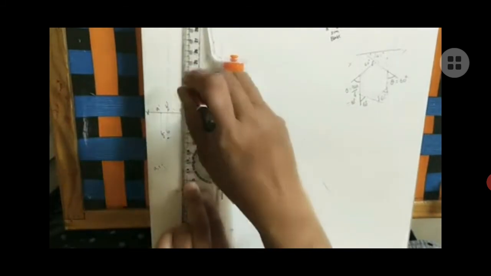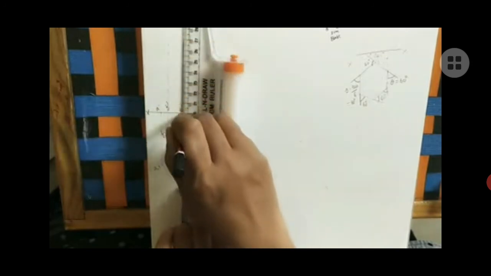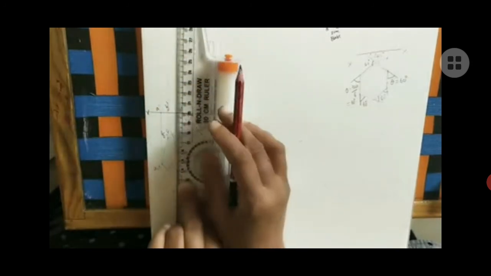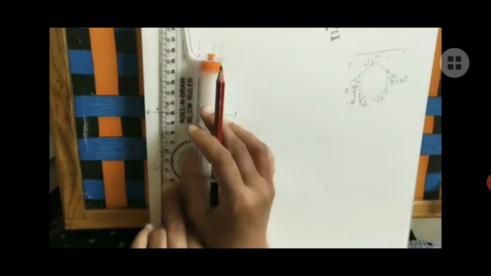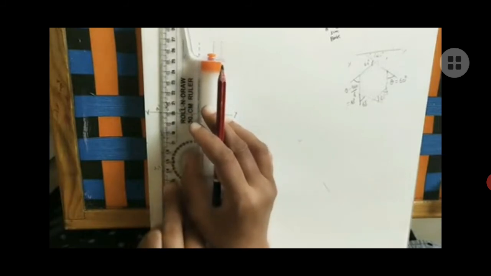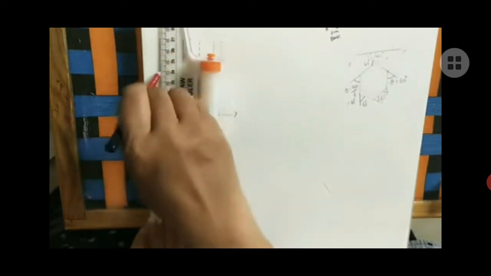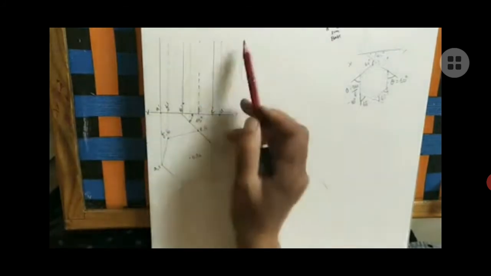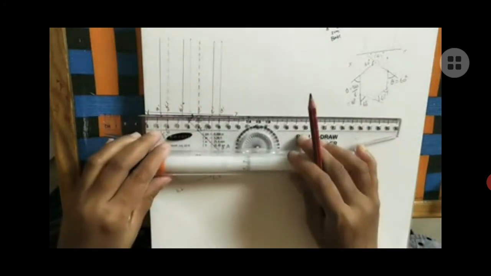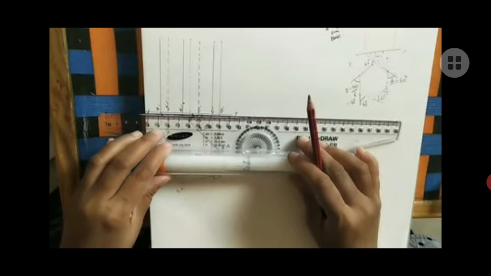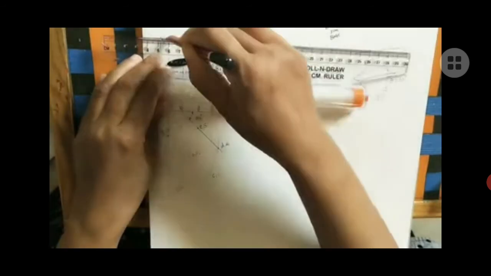These are the visible lines. This is a reference line.